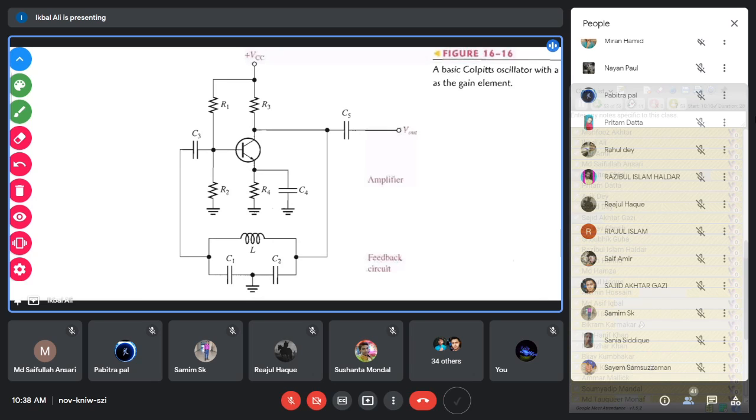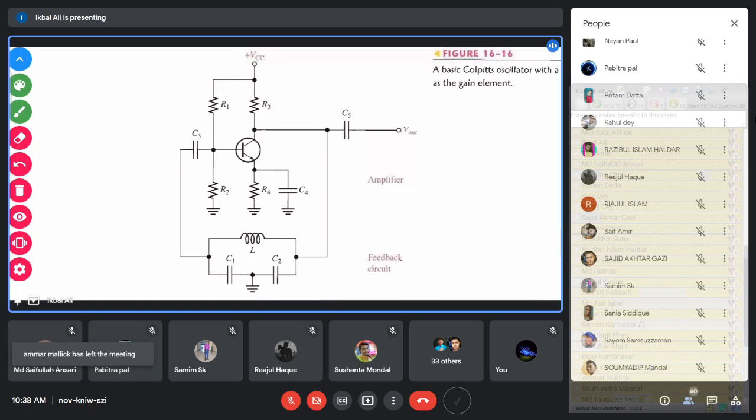So the frequency applications depend on the frequencies. In case of FM you can build an FM transmitter with the help of this Colpitts oscillator circuit, but there is some problem: the frequency stability of the Colpitts oscillator circuit is not good. So you have to switch to the crystal oscillator to get a very stable FM generation.